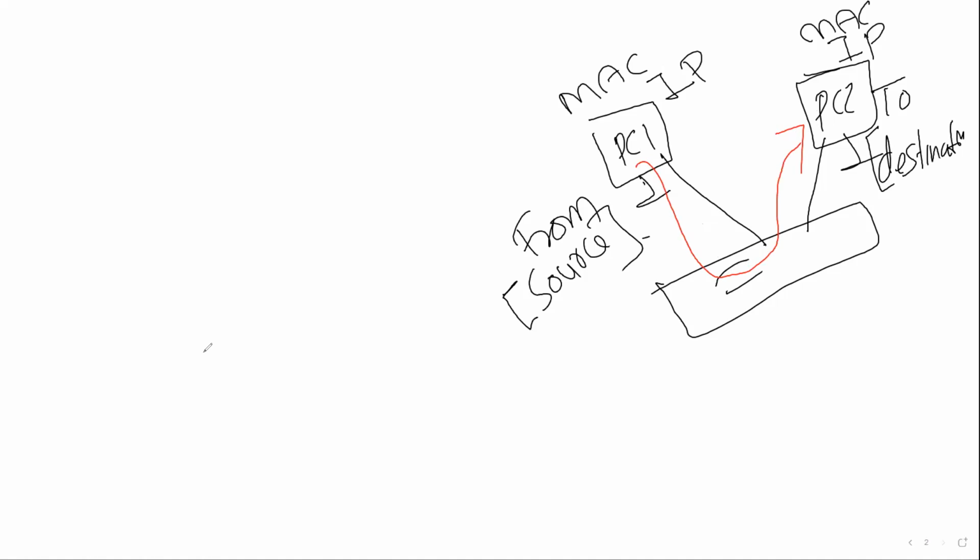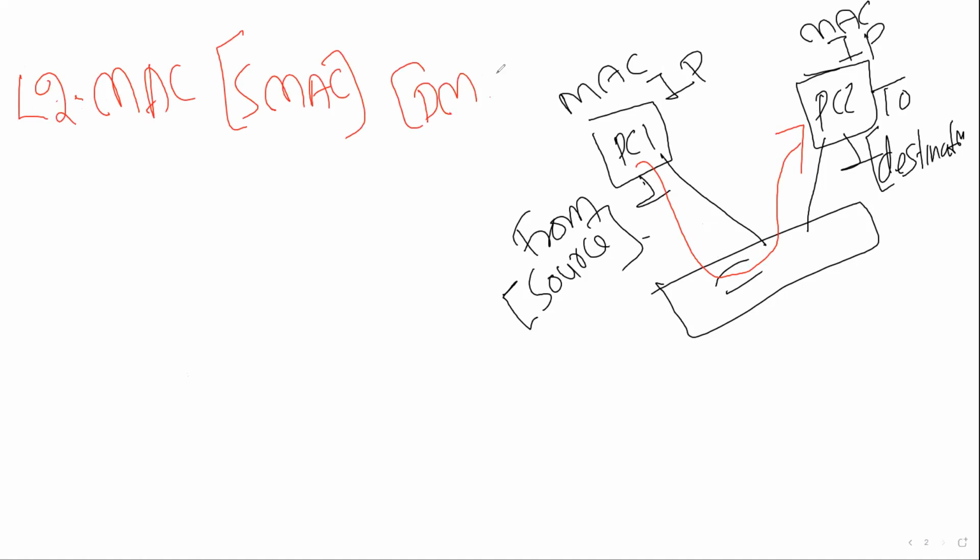Now, when you send something between systems, as an example, you need to have layer 2, which is the MAC address: a source MAC and a destination MAC.